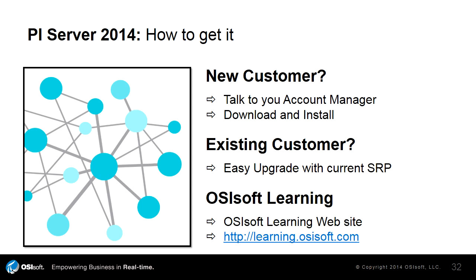That version, Pi server 2015, the major feature is for the data archive to be able to store time series data with a future timestamp. That's a feature that many of our customers have asked for in order to do forecasting, and that will be natively supported in the next major version of the Pi server.